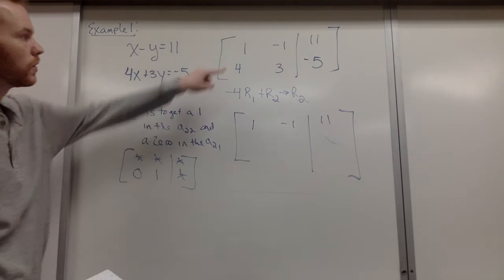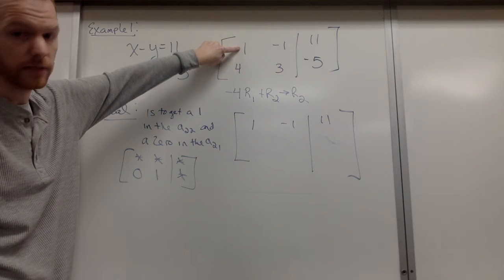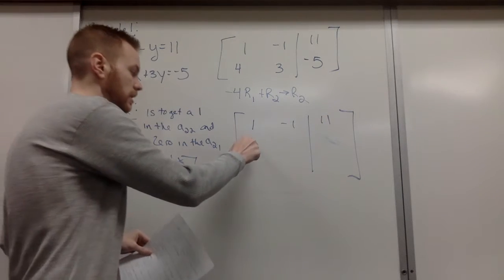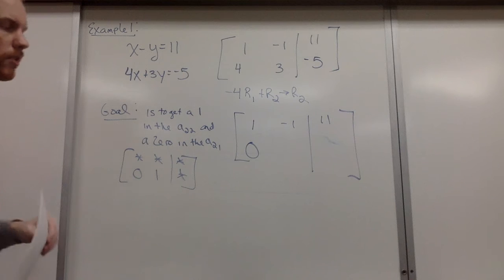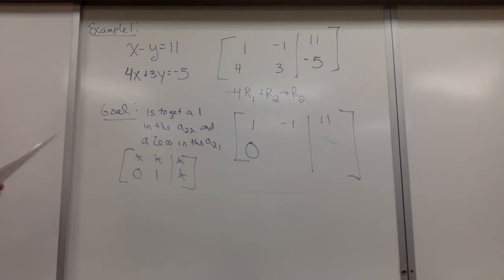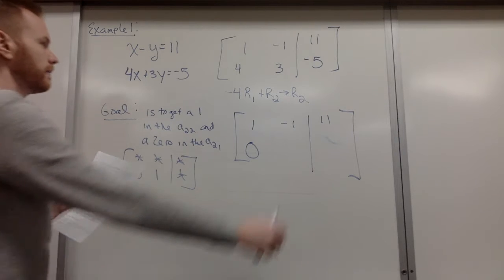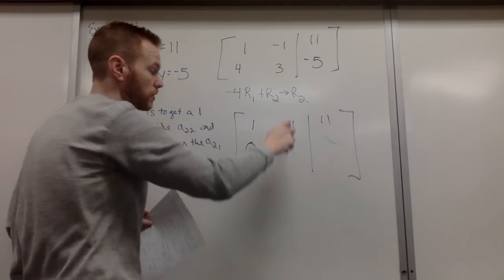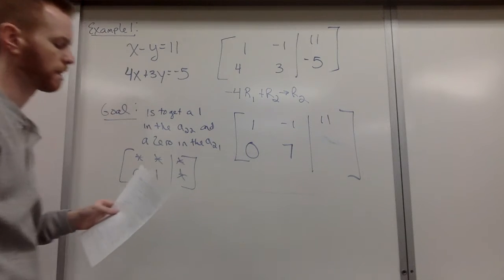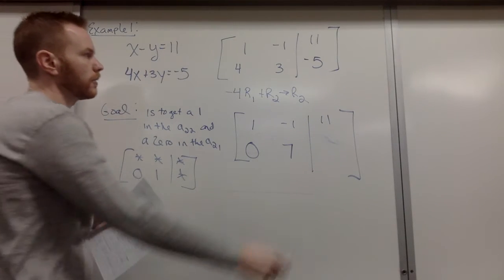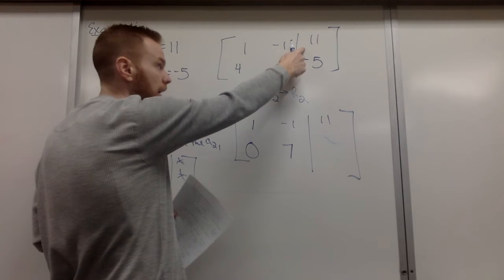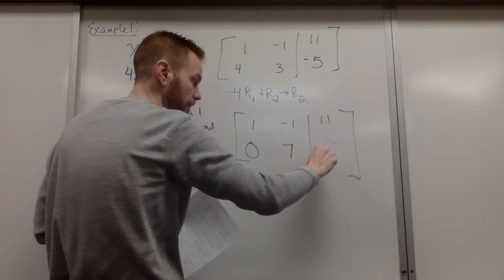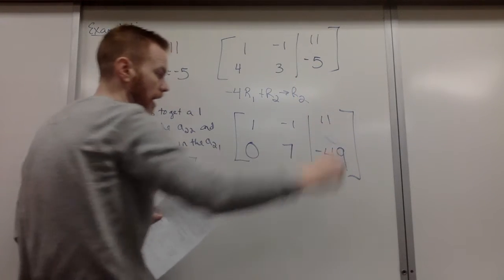So -4 times this is -4, plus 4 gives me 0. Next, -4 times this is 4, plus 3 gives me 7. -4 times 11 is -44, plus -5 is -49.